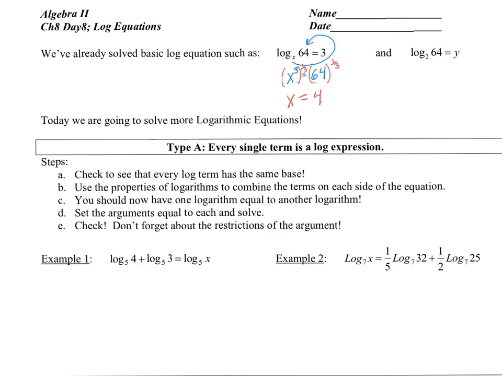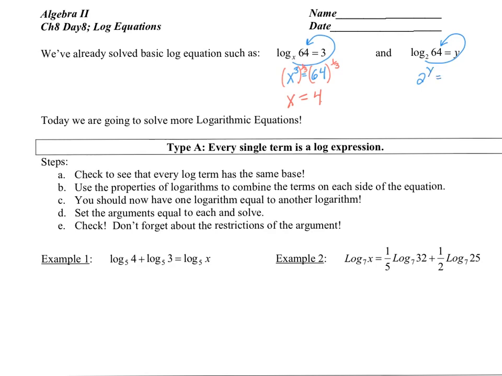For the second equation, this time we're actually solving for the exponent. Remember, log is just a fancy way of saying what exponent. So this is asking us what exponent must you raise 2 to in order to get 64 as an answer. Some people can do that in their head. If you can't, rewrite this in exponential form.